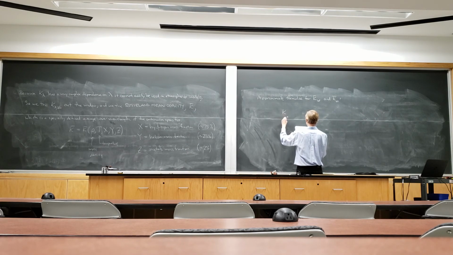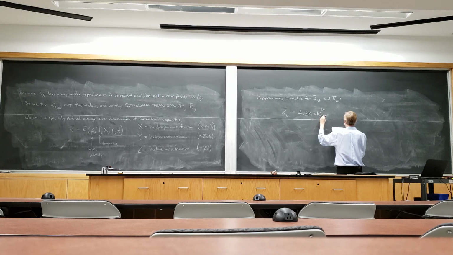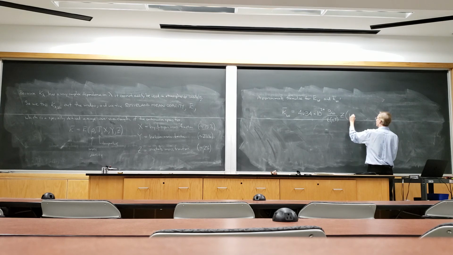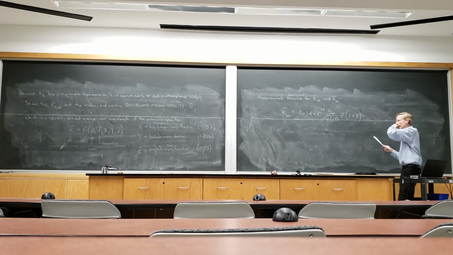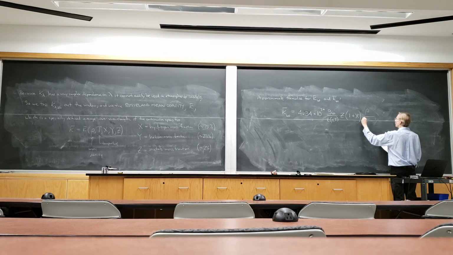And here it goes. So the bound-free mean opacity can be approximated by 4.34 times 10 to the 24th power, g_BF over t of rho and temperature, times Z times (1 plus X), so the mass fractions here, times the density over T to the 3.5 power.